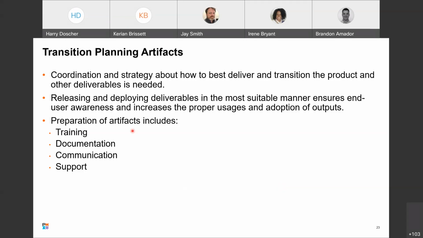And then some of the artifacts include training. Does that need to be delivered in person by the team that delivers the project? Does it need to be virtual training? And can it be computer based? Things like that. Any of the documentation, as I mentioned.